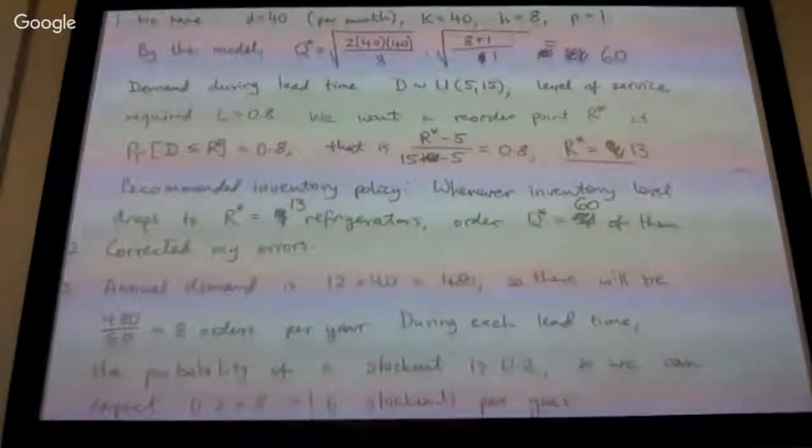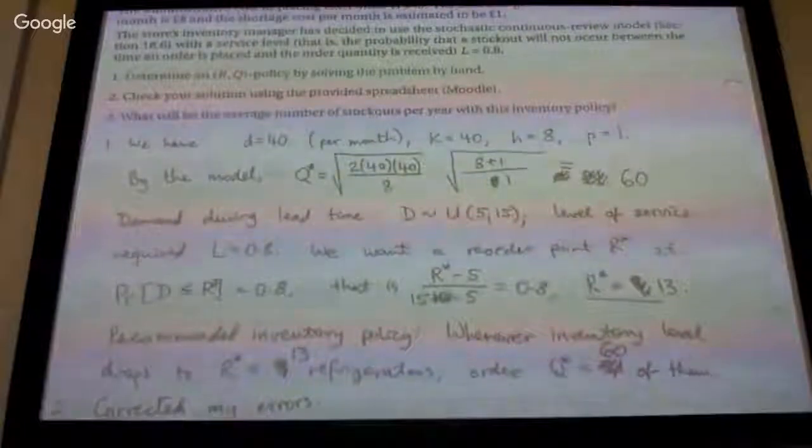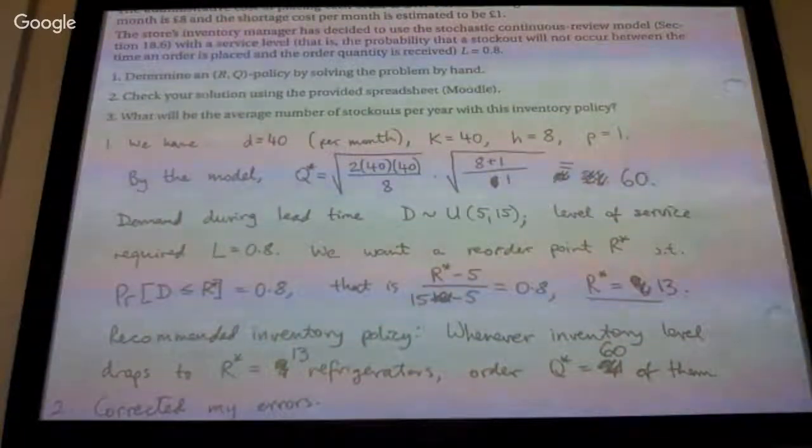Correct. And now with this, you want to know what the average number of stockouts per year will be. Okay, so the idea is simple. In every cycle between 2 orders, there's going to be, on average, 0.2 shortages, because you have a 20% probability that there's going to be 1, and an 80% probability that there's going to be 0. So on average, it's going to be 0.2.